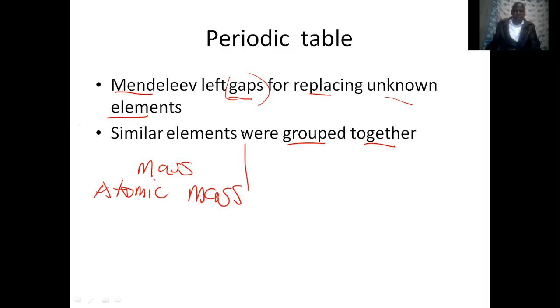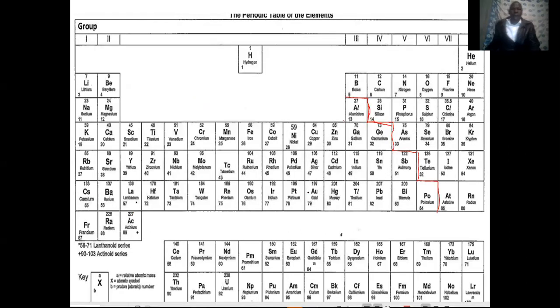This is according to Mendeleev. But the modern one uses the atomic number. So basically, this is the background. Typically, the modern periodic table is in that order.